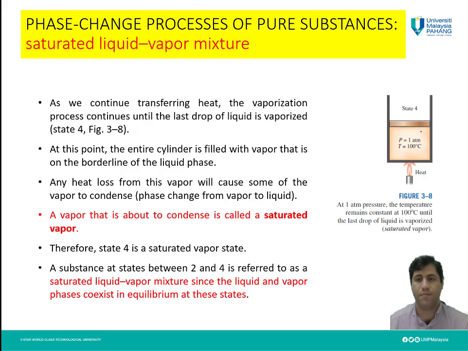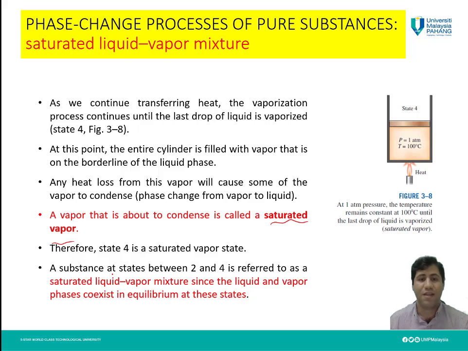In this condition, pressure 1 atmosphere, temperature 100 degrees Celsius, and phase is vapor. If we reduce the temperature, even if we stop this flow of energy to the system, the molecules will start to convert from vapor to liquid. So this state is saturated vapor, a vapor that is about to condense.